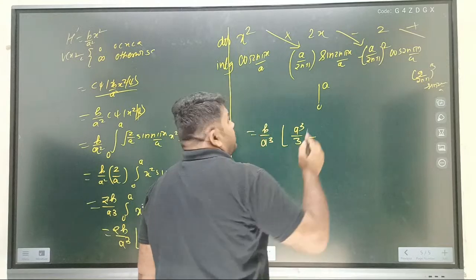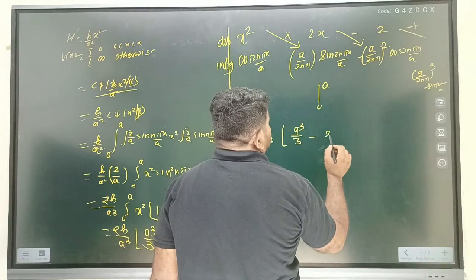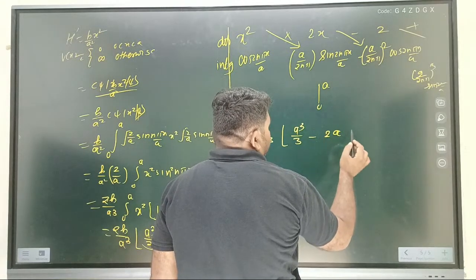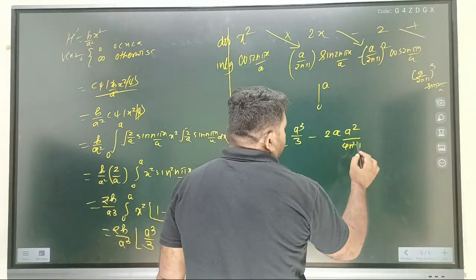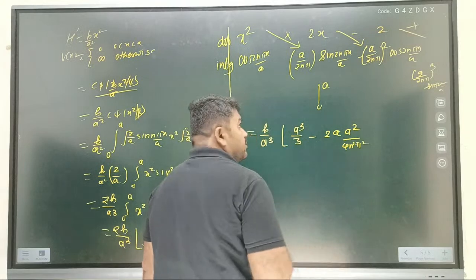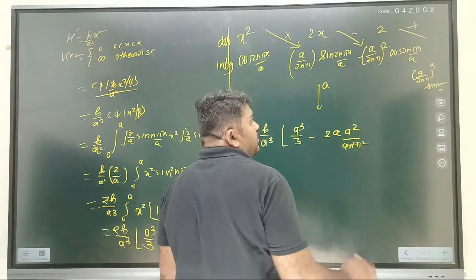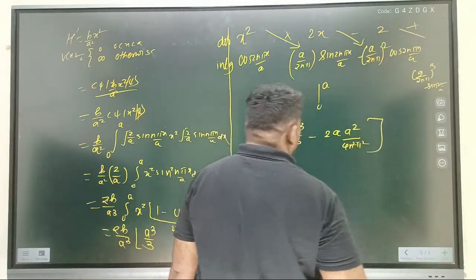This is 2x, so put in the higher limit: we get 2a, and this is a times a squared upon 4n squared π squared. Clear? At the higher limit the a gets cancelled, cos 2nπ is equal to plus 1, and at the lower limit 0 multiplied by something becomes 0, so the second part will be neglected.